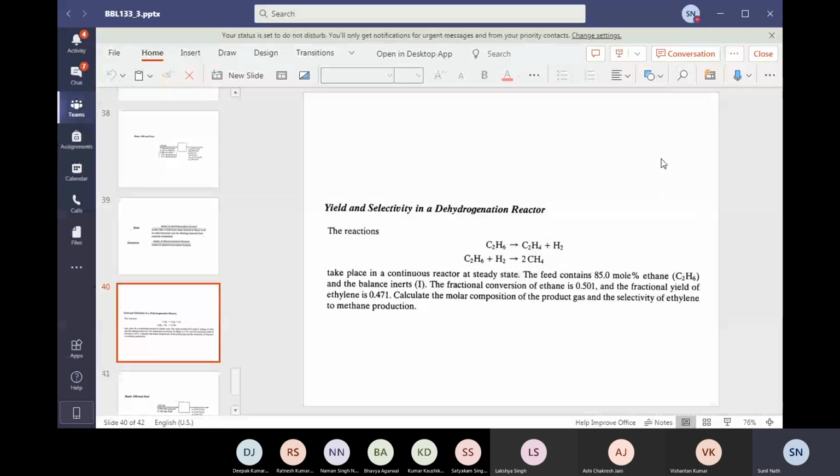Similarly, the product stream is exiting at a certain flow rate, and let's say that is also given to you. That product stream contains a number of species. We will identify them, and the total flow rate of that product stream is 140 kilomoles per hour. In other words, incoming flow rate 100, outgoing product stream flow rate 140 kg moles per hour.